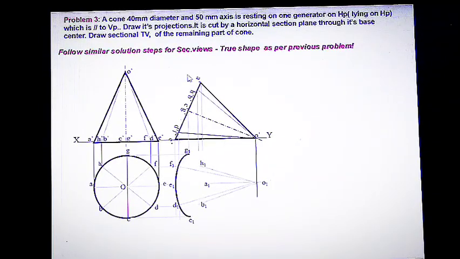Now we can see the observer can see this second plan when he is looking from the top. So an observer looking from the top can see this base circle. So it will be in the continuous thick line. So mark this base as visible like this.